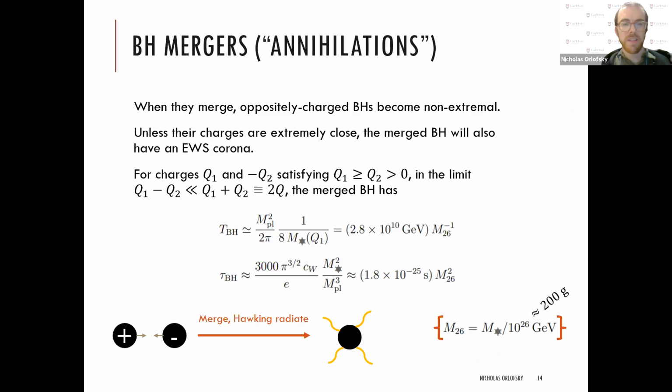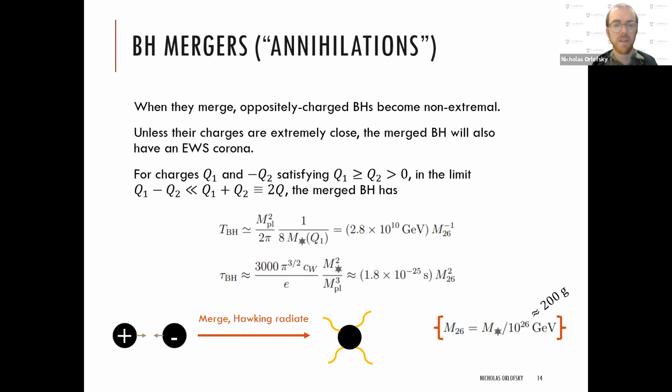So one interesting thing that happens is once you have two nearly extremal black holes that are oppositely charged, if they merge, then of course they become non-extremal. And here I'm not going to consider the case where they happen to be exactly the same charge.